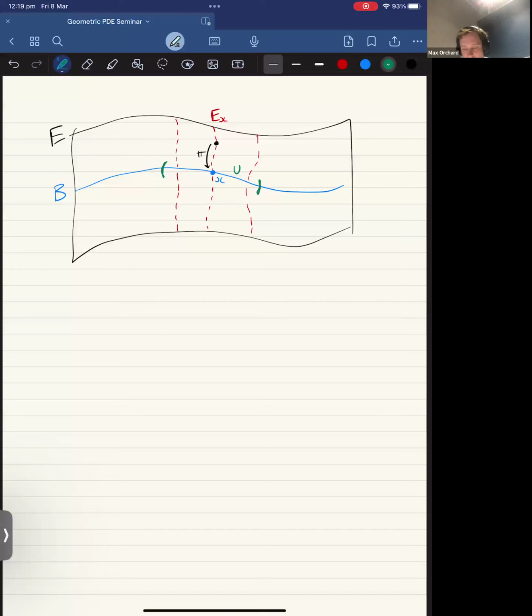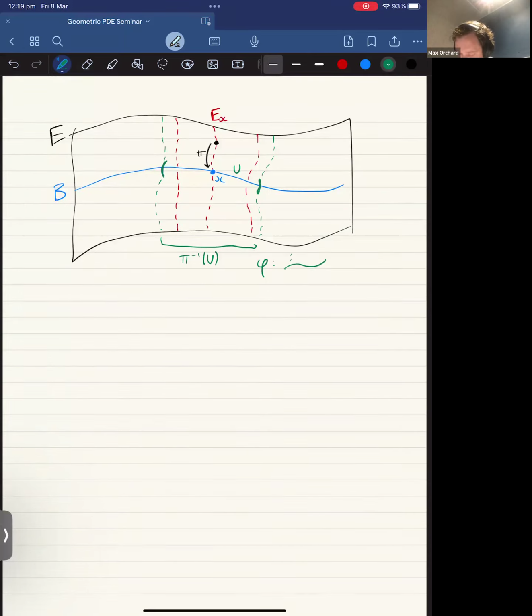I'm going to call this U, such that if we look at the preimage of U, essentially all the fibers in the neighborhood U, there exists a homeomorphism between this kind of a bit weird space with all these fibers in it, into just a Cartesian product of U and F. So locally, topologically, we look like just a product space between the two. And of course, this is homeomorphic to F.